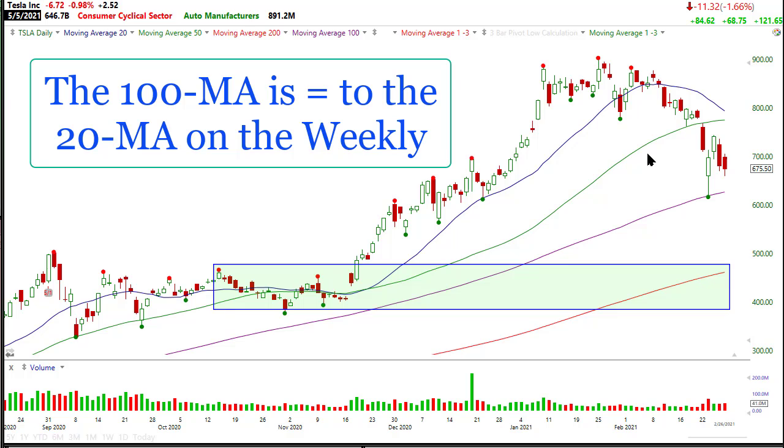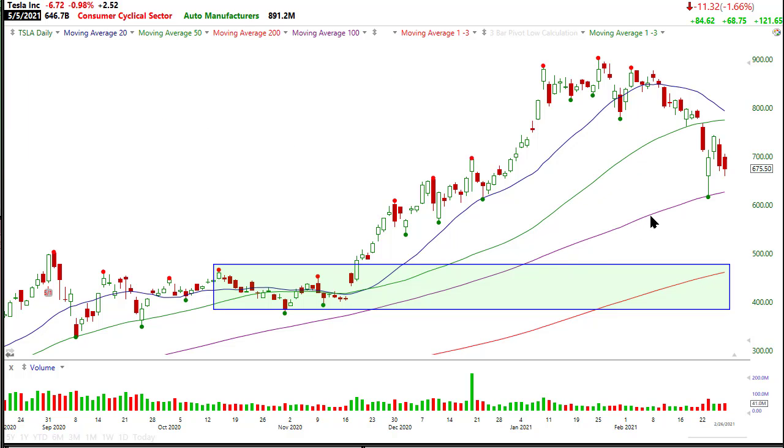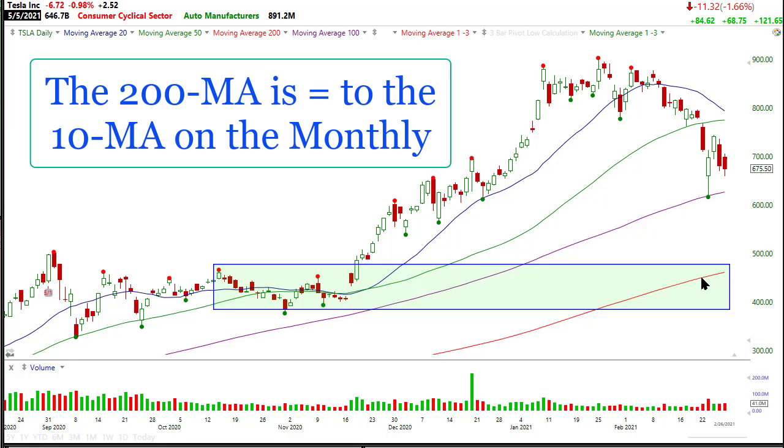You can look at these as being the short-term weekly trend and an intermediate-term weekly trend if you'd like. We don't even really need to put the 100 on here if we were looking at a weekly chart, which I always do. I want to compare both of those time frames together. Now, the 100 MA is equal to a 10 period moving average on the monthly time frame.